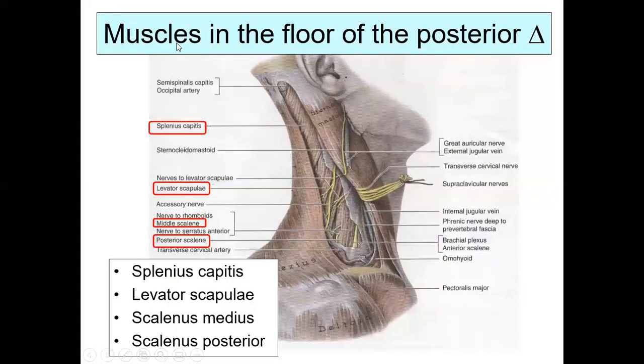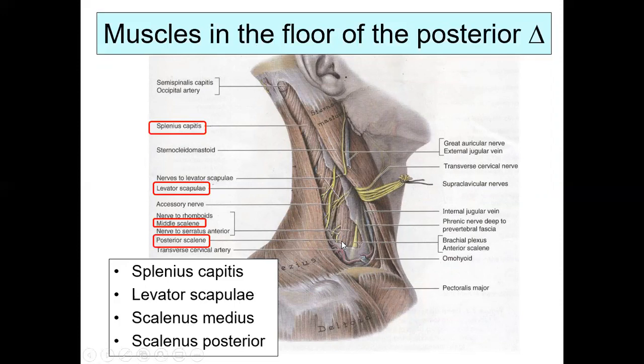What are the muscles that are present in the floor of the posterior triangle? These are the muscles that are present in the floor of the posterior triangle of the neck. We have the splenius capitis muscle, the levator scapulae muscle, the scalenus medius muscle, and also the scalenus posterior muscle.